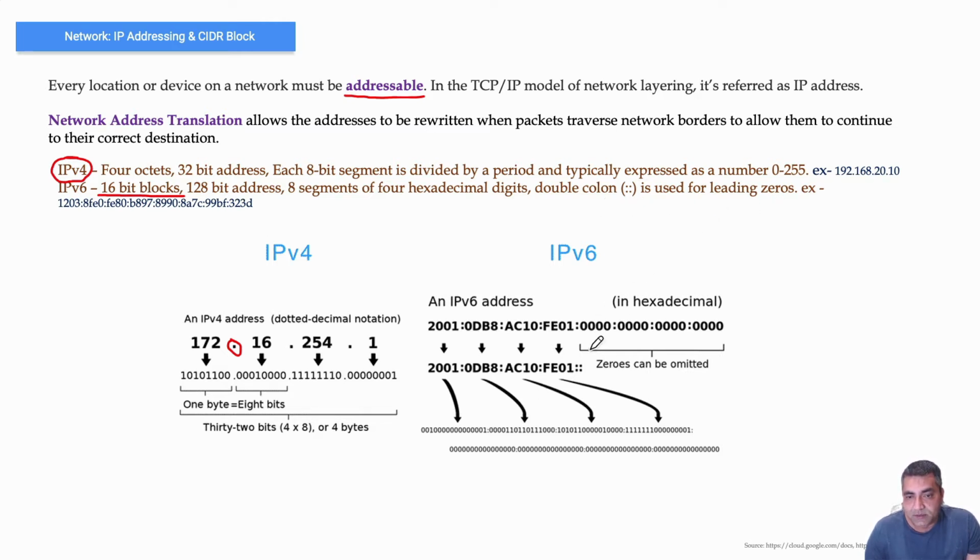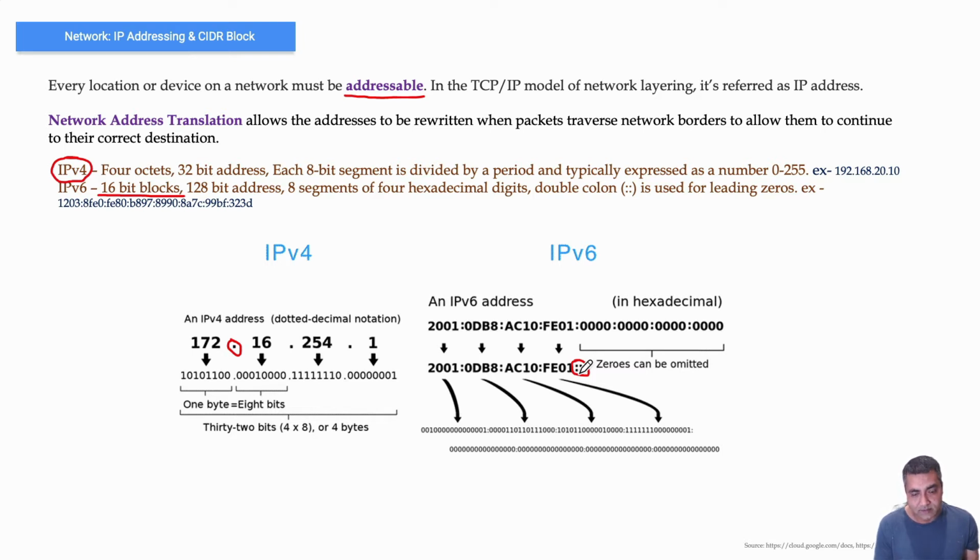So in this particular example, all of these are zeros. So you can see there's a double colon that is provided so that it's shorter if a lot of the IPs are not being used. Now, each address space is divided into a network portion and a host portion. The process of dividing a network into smaller network sections is called subnetting.